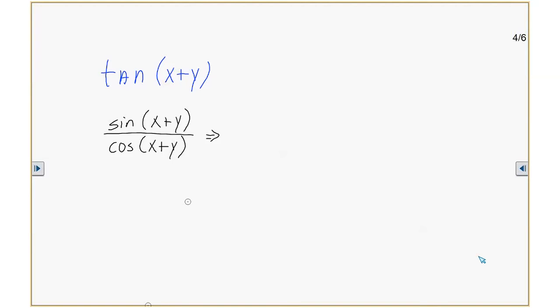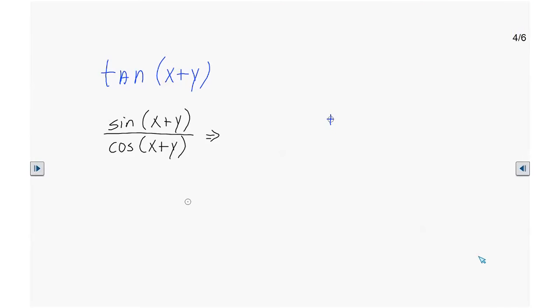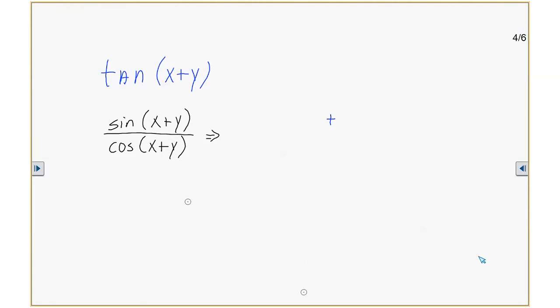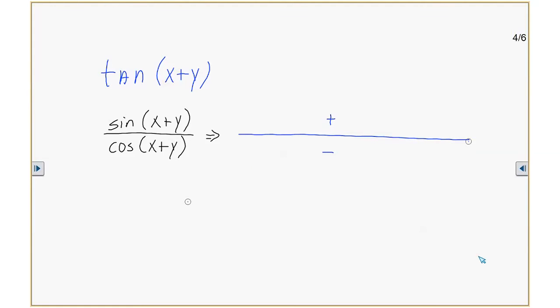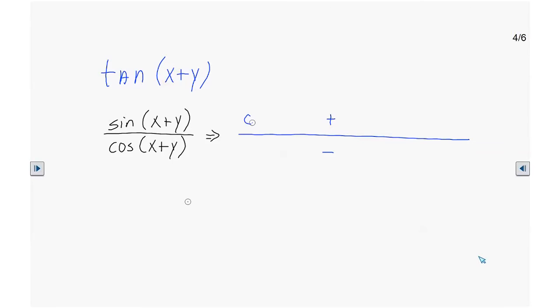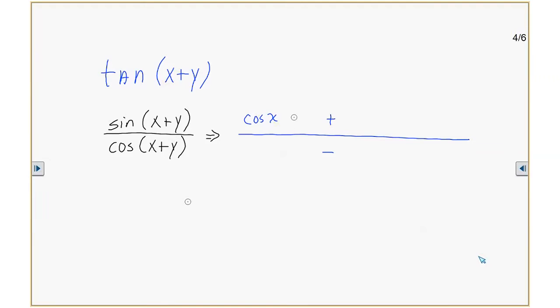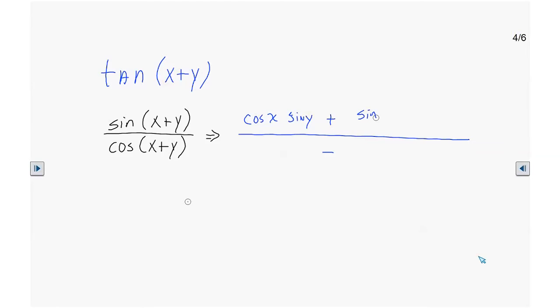So remember, the sine likes to mix it up, and the cosine goes with the what sign? The opposite sign. So that's going to be the cosine of x, sine of y, plus what?